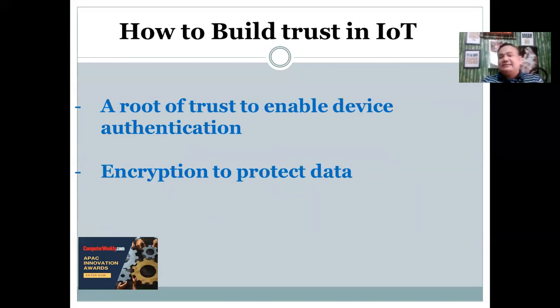How to build trust in IoT? Here is what is required to enable trust. A root of trust to enable device authentication. To securely participate in the Internet of Things, every connected device needs a unique identification. There are various methods used today to prove an identity, from passwords to biometrics to digital certificates and more.